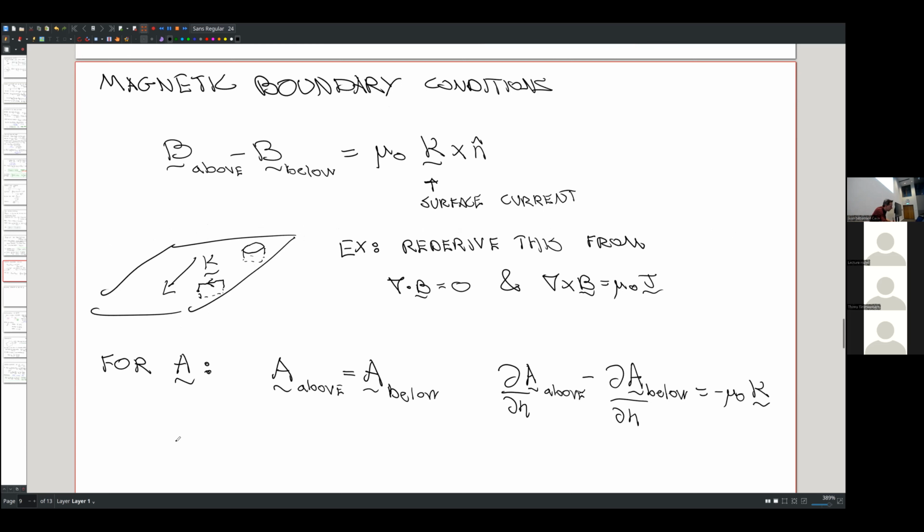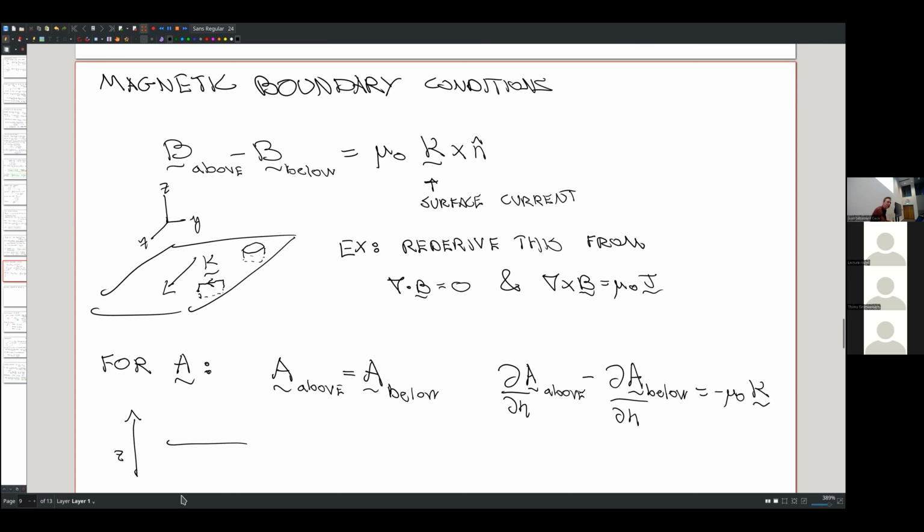So here, let me imagine a drawing where I've got the z-axis like this, and this would be x, y, z, and now I'm doing a slice.